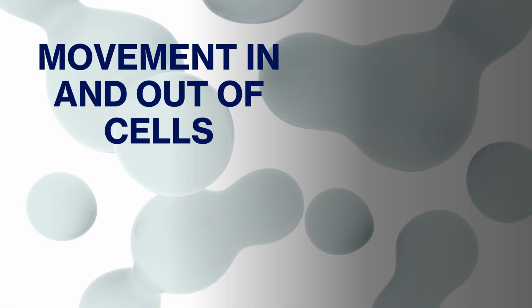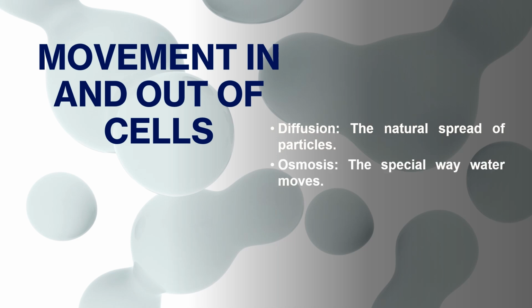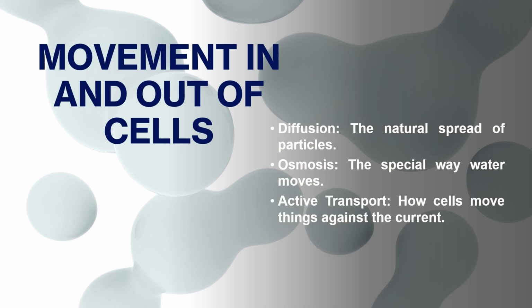So in this video of today's lecture, we are going to break down the four big players which you need to know for your exams. The first one is diffusion, that is the natural spread of particles. The second one is osmosis, which is the special way water moves. The third one is active transport. It explains how cells move things against the current or against the gradient.